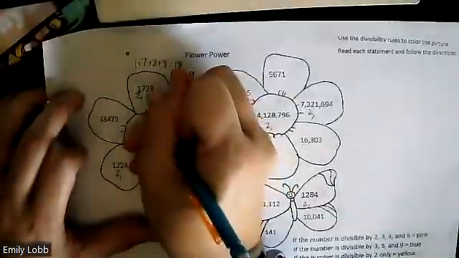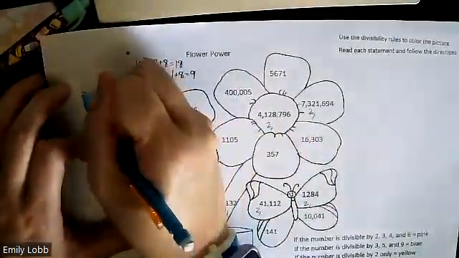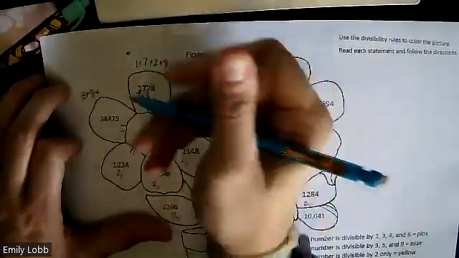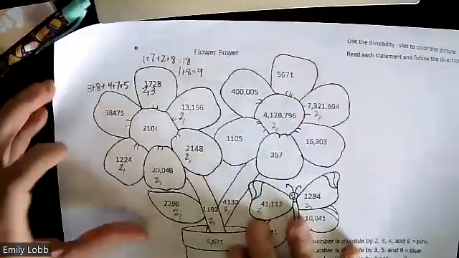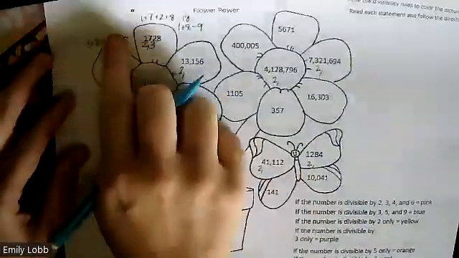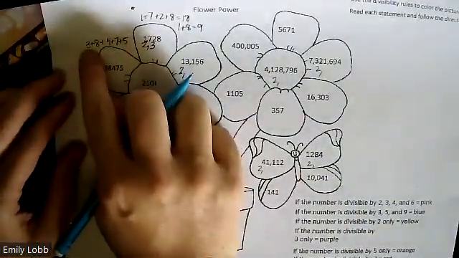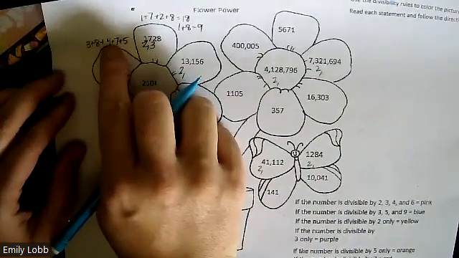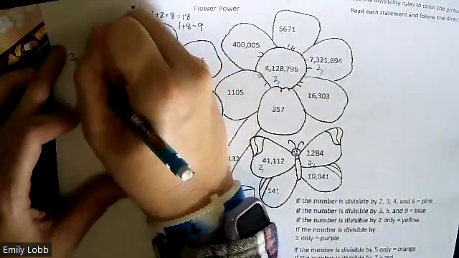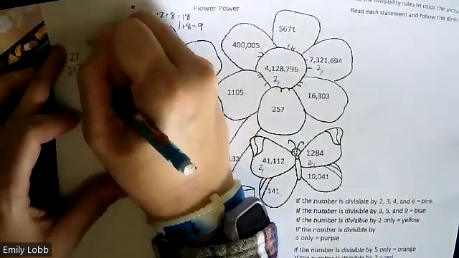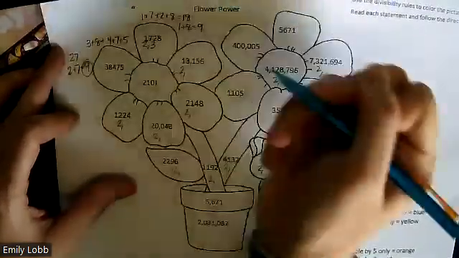So this is a 3. 3 plus 8 plus 4 plus 7 plus 5. 11, 15, 27. 2 plus 7 equals 9.